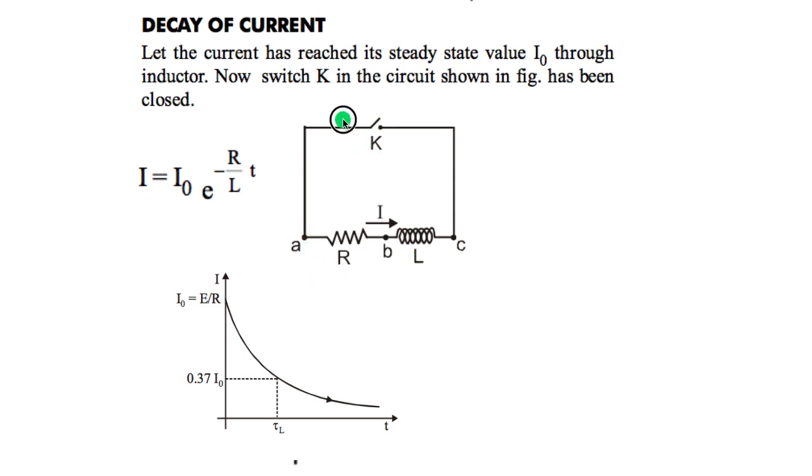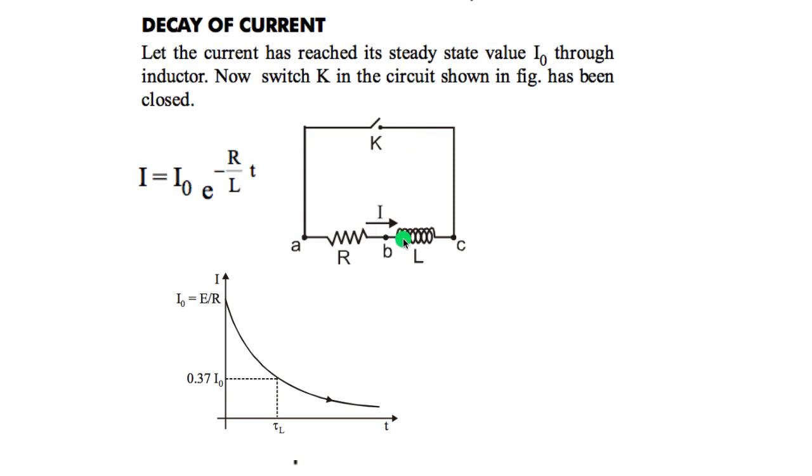Now the source is removed and the key is closed. Let the current have reached its steady state value I naught through the inductor. Now the switch K in the circuit, as shown in the figure, has been closed. We have to remove the source battery and close the key.